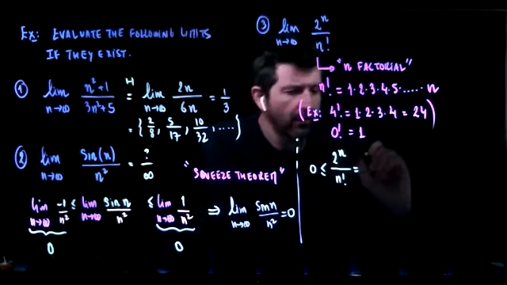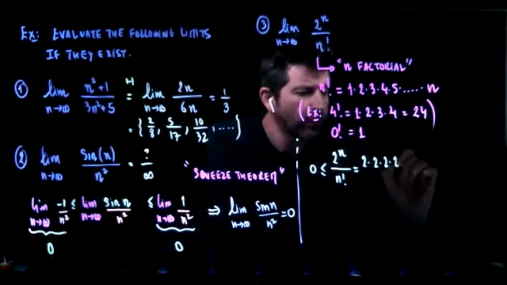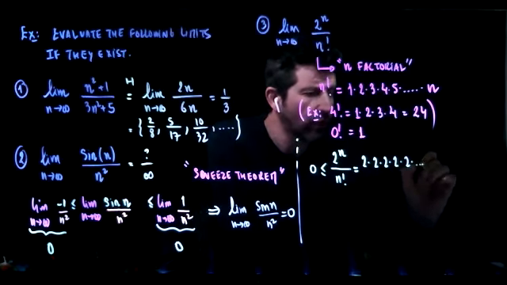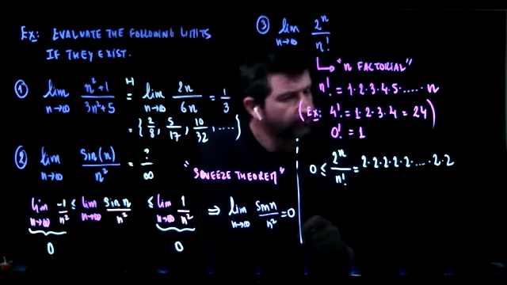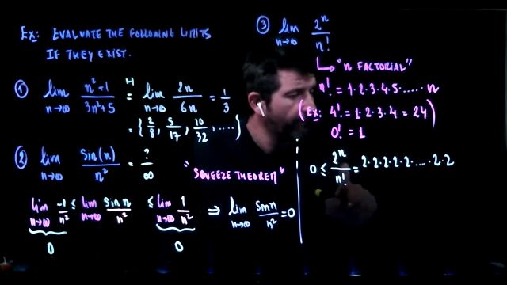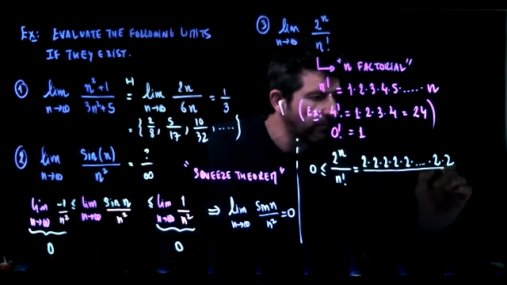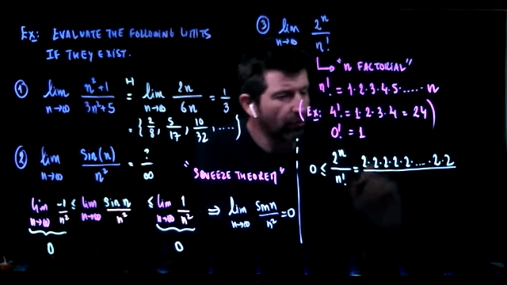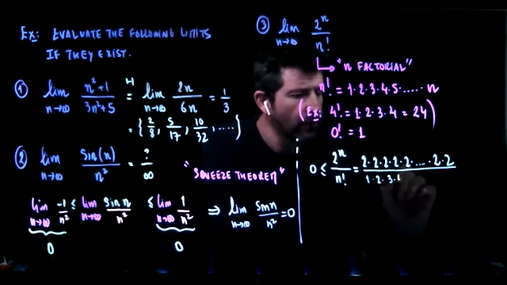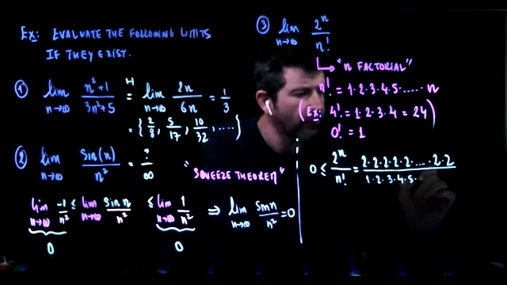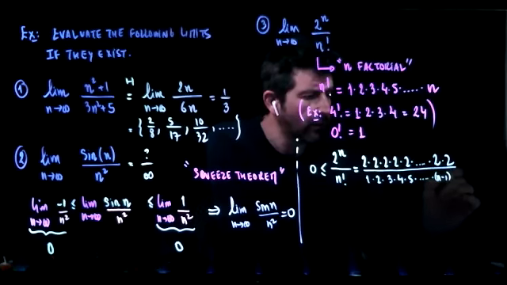And 2 power n is basically just 2 times 2 times 2 times 2 times 2 dot dot dot times 2 times 2, n times. That's what it means. And on the bottom, n factorial is 1 times 2 times 3 times 4 times 5 dot dot dot times n minus 1 times n.